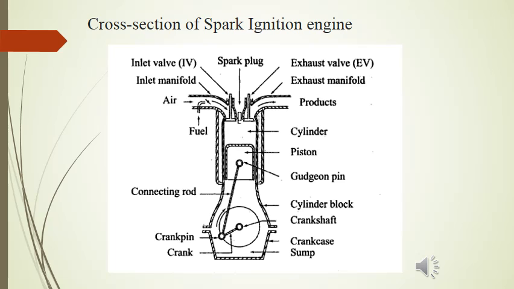Manifold is nothing but complex pipes, known as manifold. So through inlet manifold, air fuel mixture rushes into the cylinder, whereas exhaust manifold facilitates the scavenging of the products of combustion or exhaust gases.